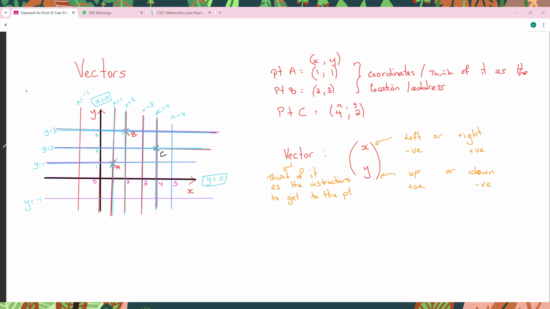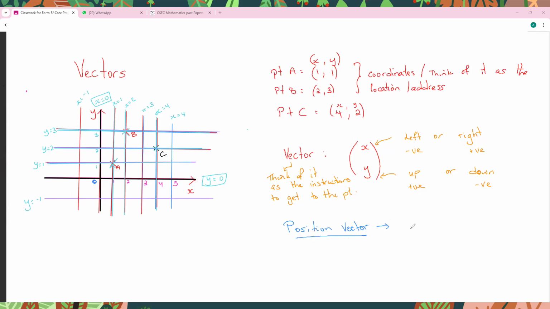Now, a position vector, right, that we must note. When you see the term position vector, a position vector is always the instructions from the origin to wherever the point is, right?